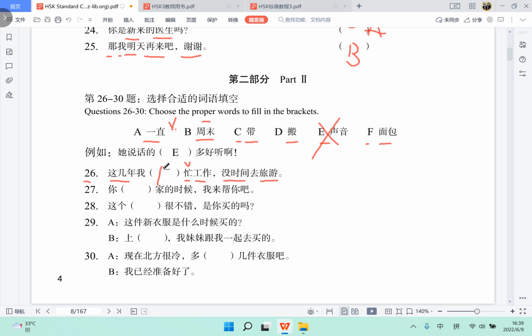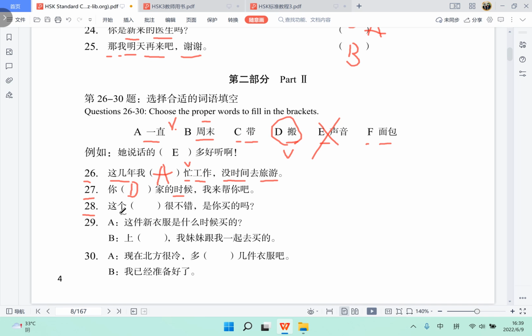So we have to choose A here. I'm always busy for work. 一直忙工作，没时间去旅游。And 27，你什么家的时候，我帮你吧。So only a verb here, one suitable, 搬, right. So the moment when you move your home, I come to help you.